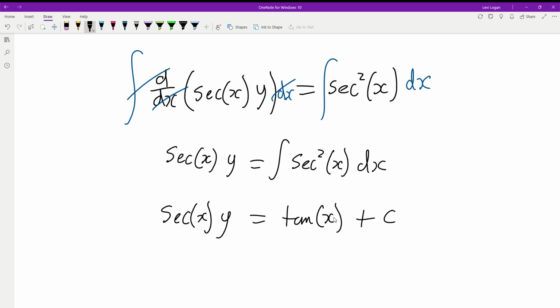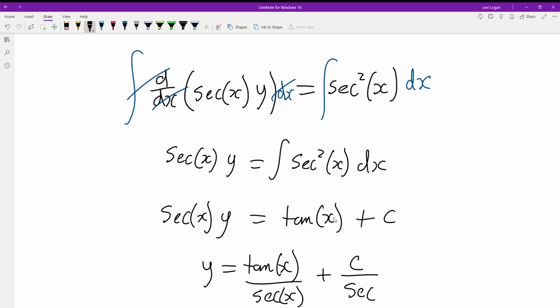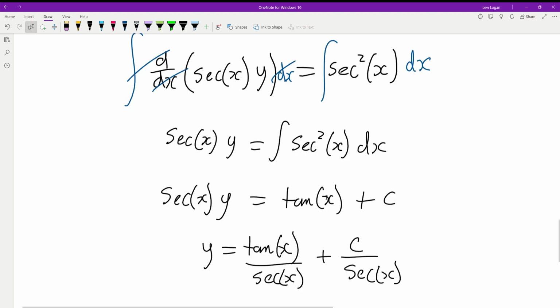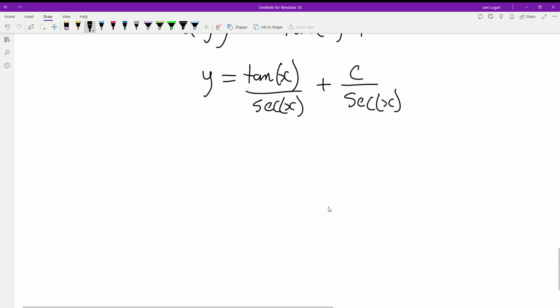Alright, and we're almost there. All we have to do is divide both sides by sec x. So y is going to be tan x over sec x, plus c over sec x. Then all we have to do is simplify this.